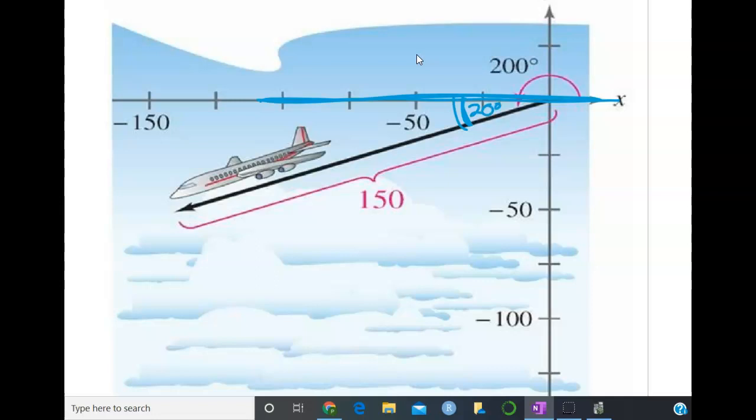So for the direction angle, we must start on the positive x-axis and then go all the way to the vector. So our angle here is not 20, but is in fact 180, which is a straight angle, plus 20 degrees.